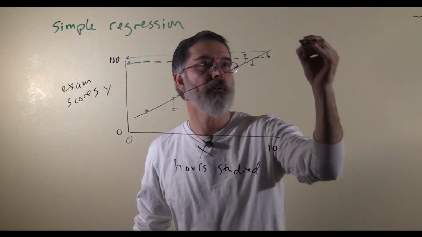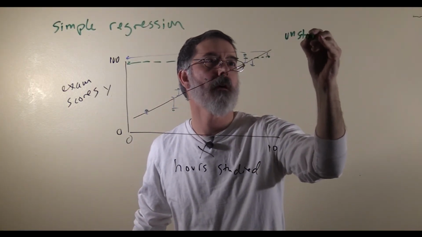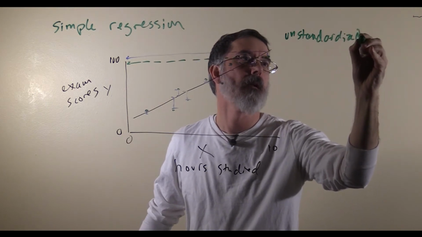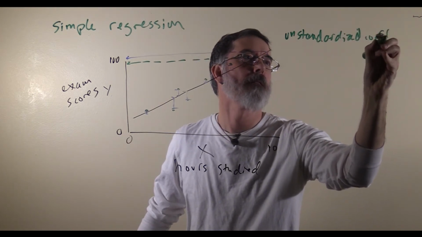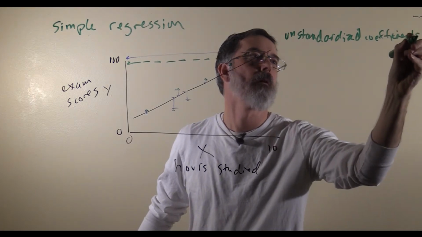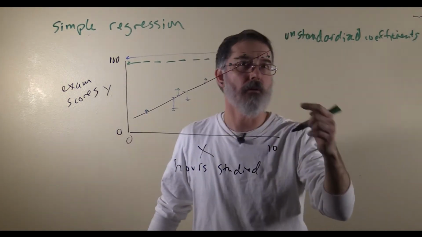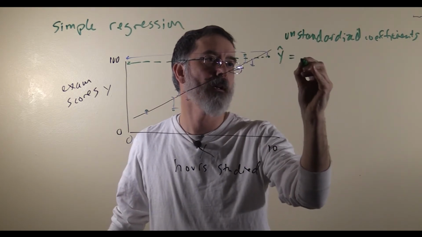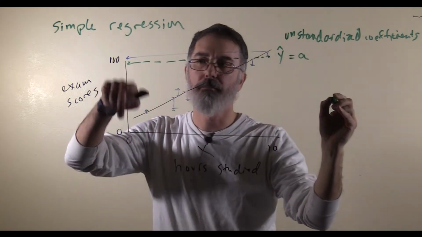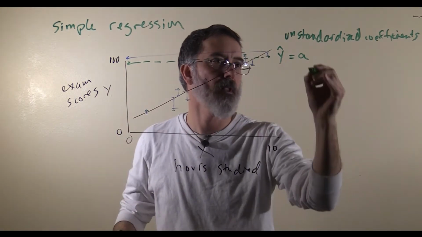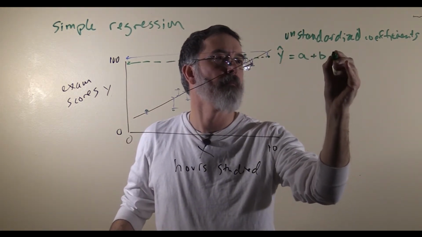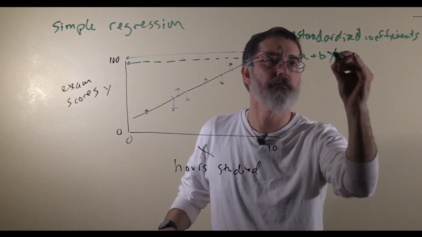So we've been working with what are called unstandardized coefficients. Right, so we said that the predicted value of y equals the intercept on the vertical axis, the y-intercept, plus the slope times your x value.